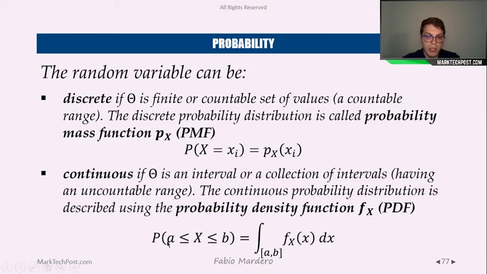Here we cannot describe the value of the random variable at a precise point like we do with discrete random variables, but we have to take intervals. And to compute the integrals, again the circle is complete, we use the Lebesgue integral of the probability density function on the interval.